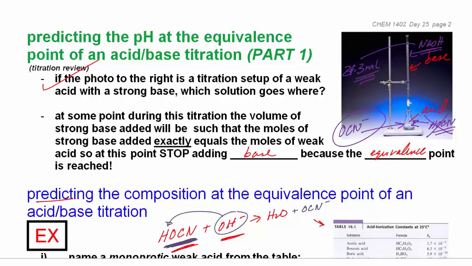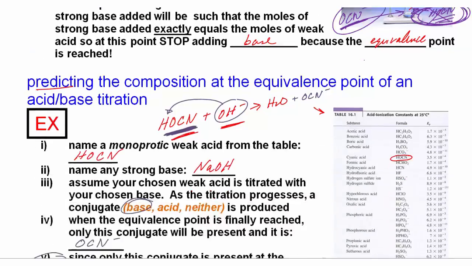And the problem was, what's the concentration when I have all OCN minus? What I had to do is calculate the moles, divide it by the liters. I knew the concentration and volume of the cyanic acid. That's how I got my moles. Divide it by the total liters, the initial plus the equivalence point. Okay, so that's the game plan.